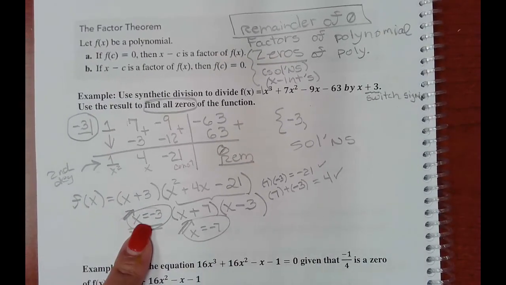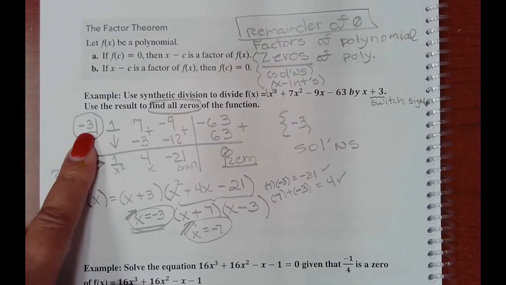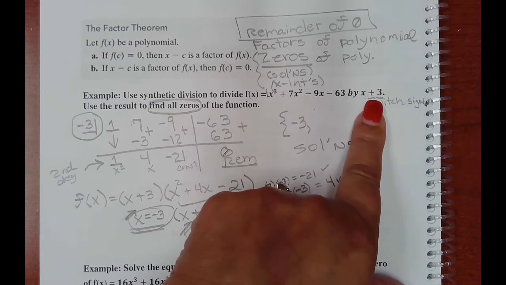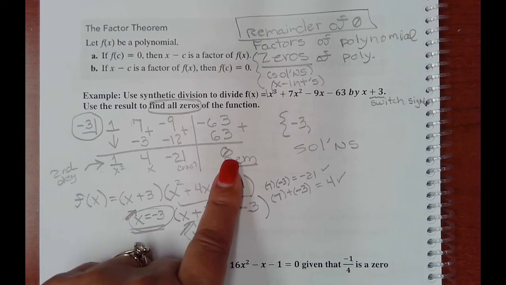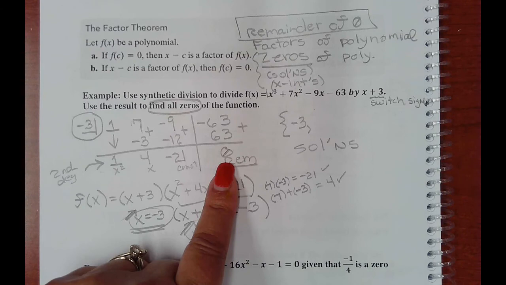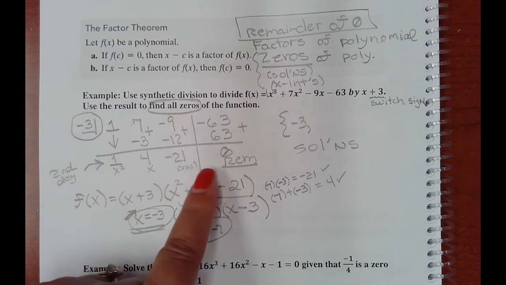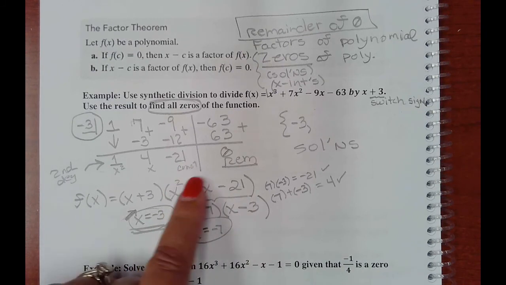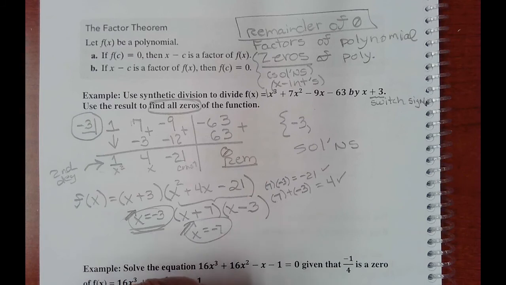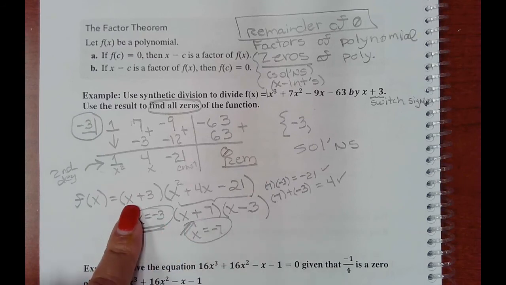We found one of them by synthetic division. We synthetically divided -3 into the original polynomial, which came from this, and we found out that -3 causes a remainder of 0, and that verifies that it's a solution. It also helped us to bring this down to a second degree polynomial, which is right here, and we continued to factor it to bring it down to factors that looked like this one.